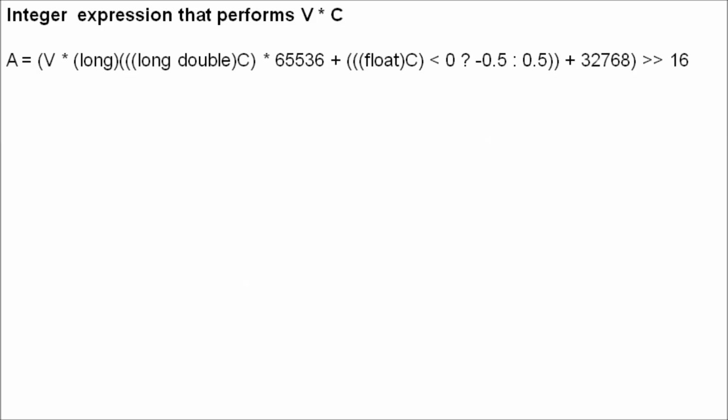So we now have an expression where the compiler converts a given floating point constant into an integer fraction with a denominator value of 2 to the power of 16, and then generates runtime machine code that will perform the calculation using integer arithmetic. And this is considerably faster than using floating point arithmetic.